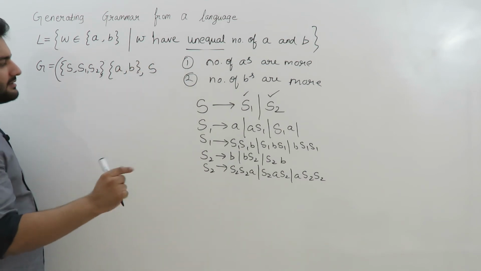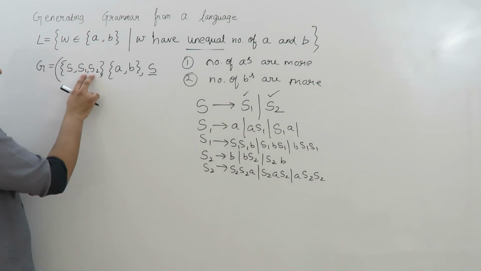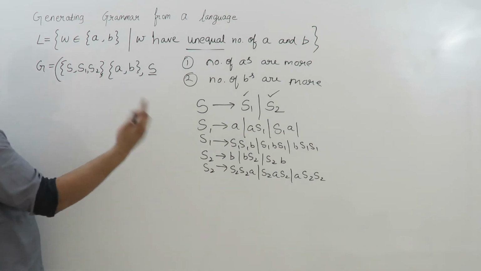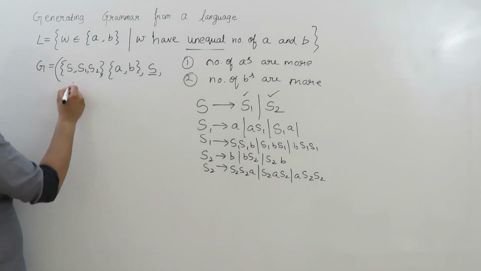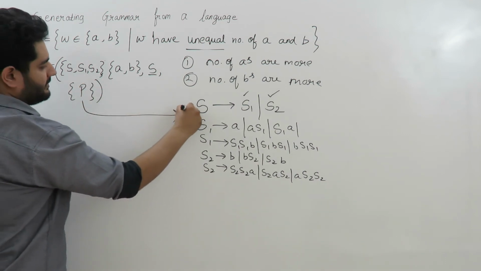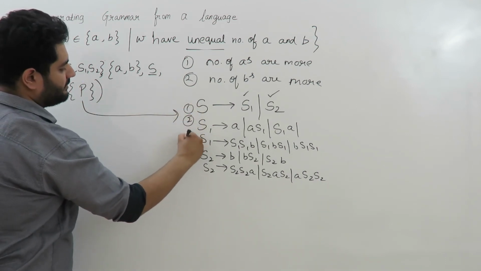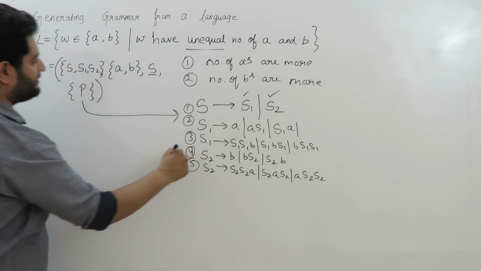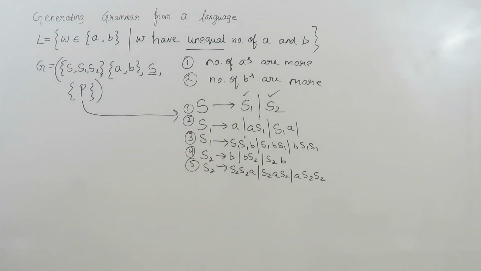You have to take the main start symbol always. Others are non-terminals, but the start symbol is S only. And the production rules are P, such that this P consists of these 5 production rules. I hope this example of construction of grammar is clear to you. In the place of P, you have to write the production rules. Here I am pointing only towards them. So this was our example.